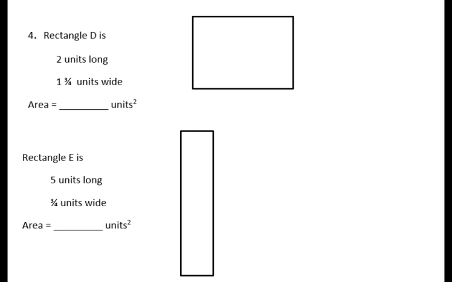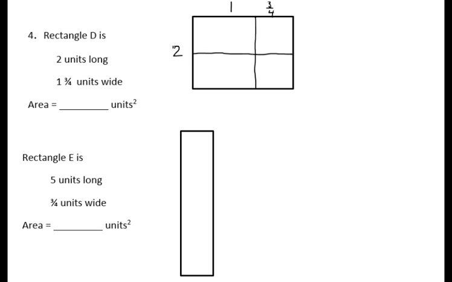This one says rectangle D is 2 units long and 1 3/4 units wide. So we're going to show that it's going to be 2 units on the length, and I'm going to divide the rectangle into the 2 rows. The width is 1 3/4 units, so I'm going to show 1 3/4, and I'll divide that.